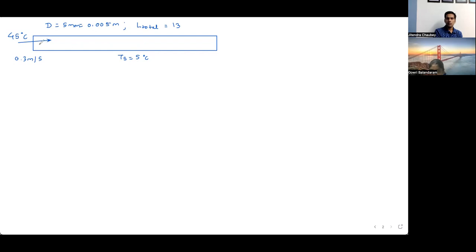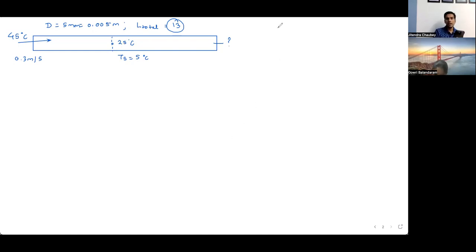What they are asking is, at what distance of this tube will the temperature of water be 25 degrees Celsius? Okay. So we do not know the exit temperature? No, we don't need this temperature. We need to find that particular length at which the temperature would be 25. That is the required data, that is something that they want.